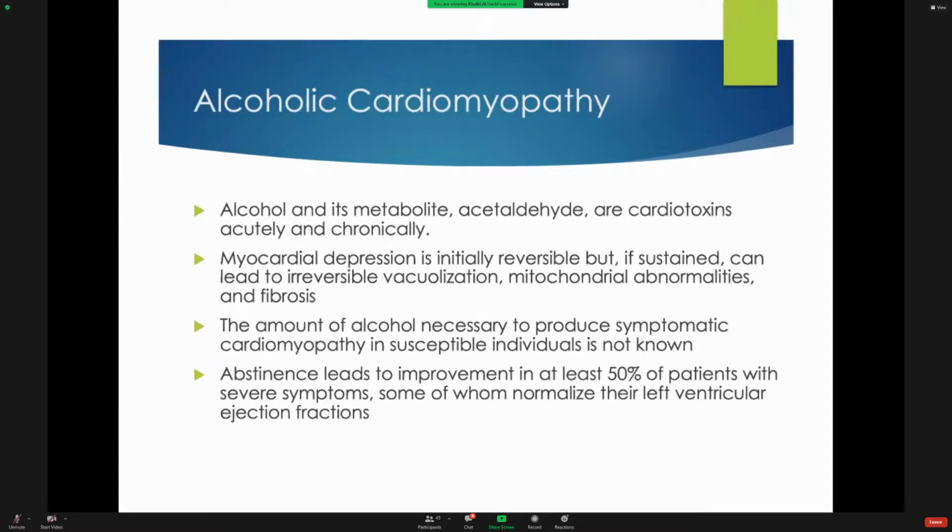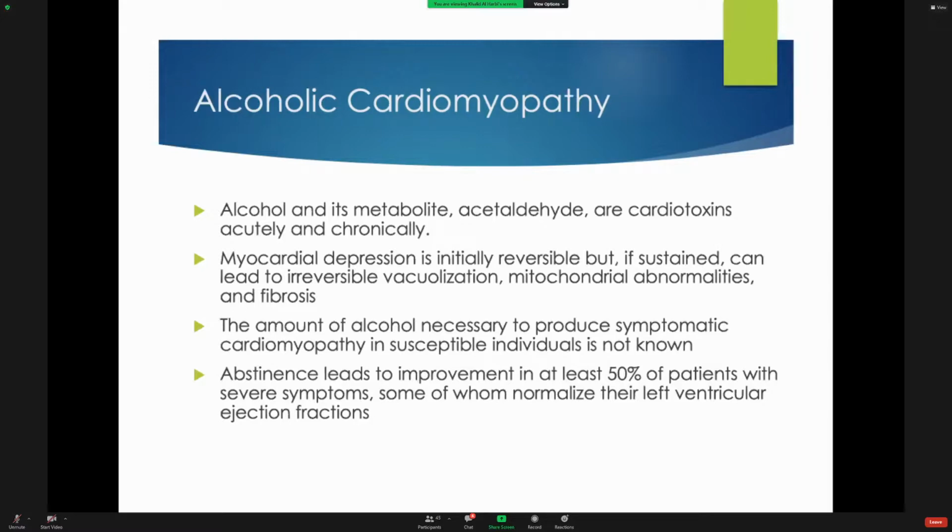The other cardiomyopathy is alcoholic. Alcohol and its metabolite like acetaldehyde are chronically or acutely cardiotoxic. It initially causes myocardial depression, which is reversible at the start, but if it is sustained, it can lead to irreversible cardiomyopathy.